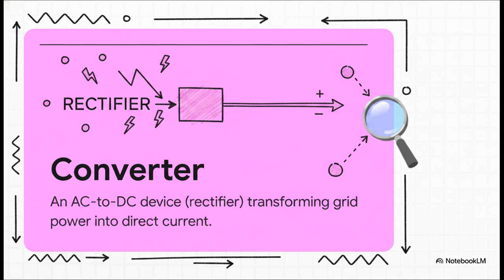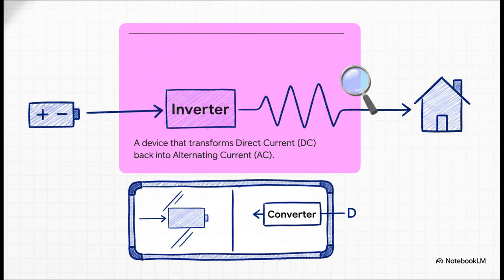It's specifically known as a rectifier, and its only job is grabbing that power from the grid and transforming it into direct current. Now, an inverter is the strict exact opposite. It takes that direct current, or DC, and transforms it right back into alternating current, AC. They are basically mirror images of each other in the electronics world. And honestly, grasping this structural mirror concept is absolutely crucial to understanding how our entire modern electrical infrastructure operates.